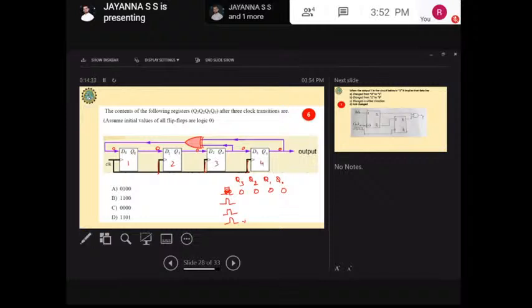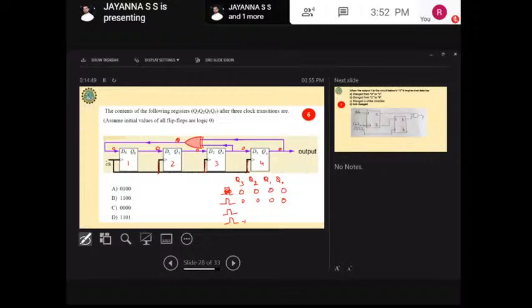Here, let us look into the output of the XOR. If I give 0, 0 to the XOR, obviously I'm going to get 0. For the first clock, if I give 0, 0, 0, I get 0, 0, 0, 0 here.